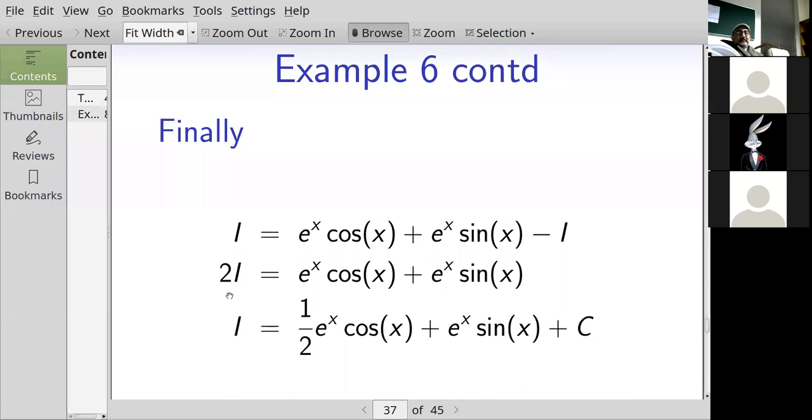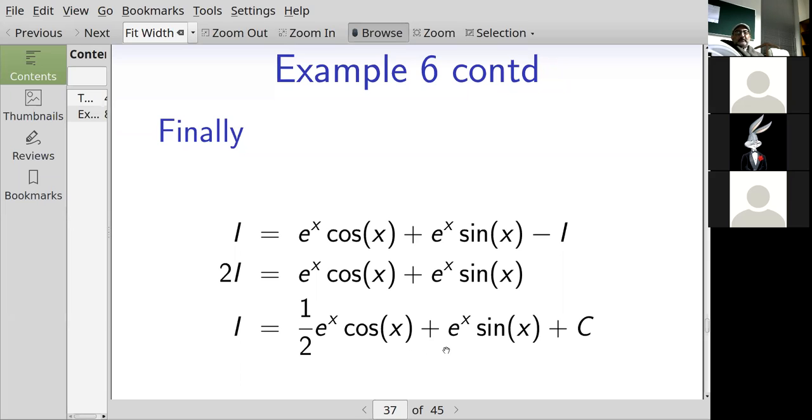So I get twice I equals e to the x cos of x plus e to the x sine of x. So I is equal to 1/2 e to the x cos of x plus e to the x sine of x.